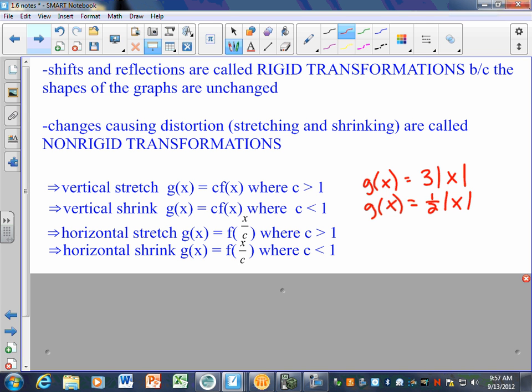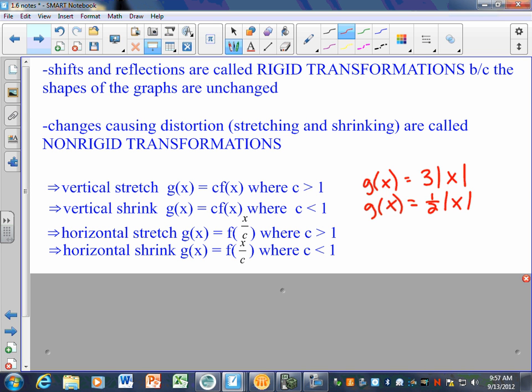Stretch where c is greater than 1. Shrink where c is less than 1.